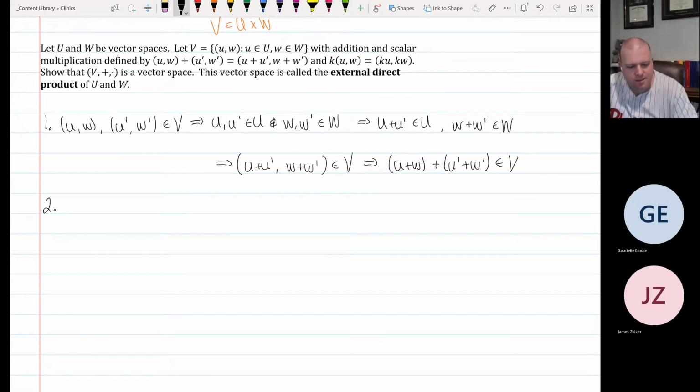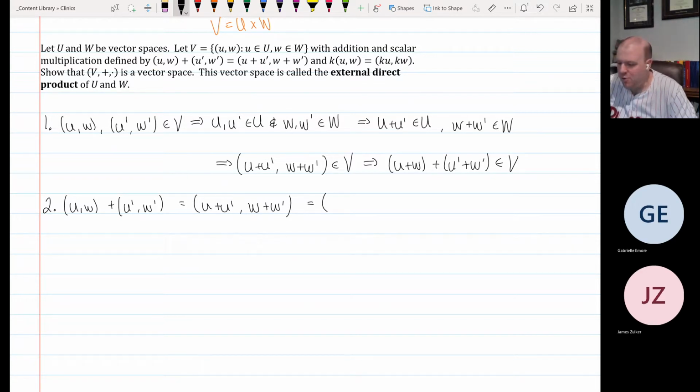Okay. So we now want to show that addition is commutative. And so by definition, this is (u plus u prime, w plus w prime). But U is a vector space, right?